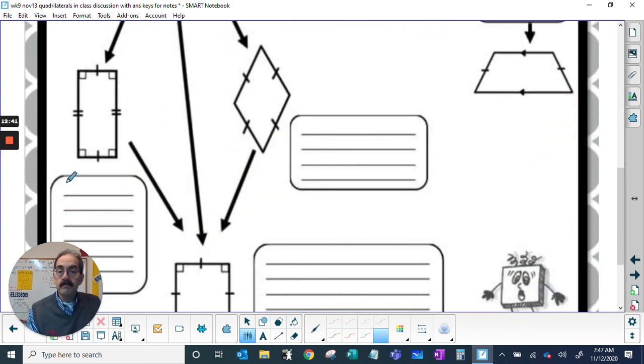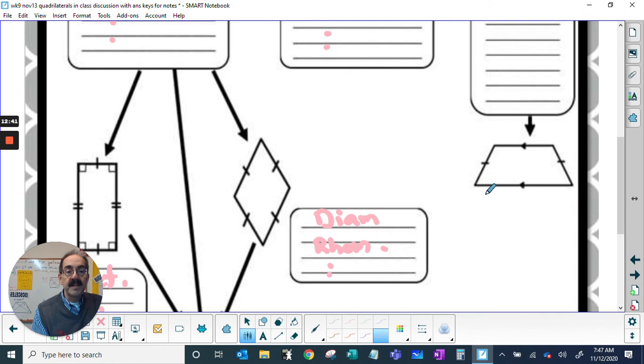Rectangle. What makes a rectangle? Okay. The diamond, the rhombus. Okay, what makes that? There's the isosceles. Now remember, isosceles, 2 equal sides, just 2.